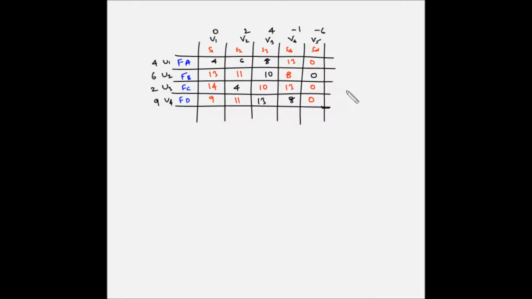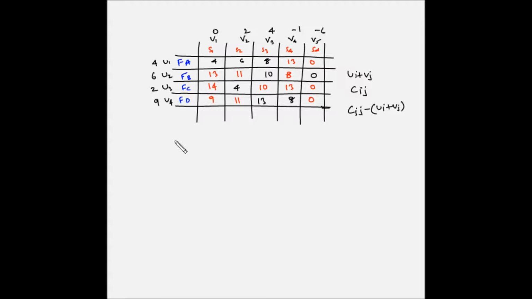Now for the water squares, ui plus vj is called the implicit cost, whereas cij is called the actual cost of the cell. And the net cost change is calculated by finding the difference between the two, which is cij minus (ui plus vj).